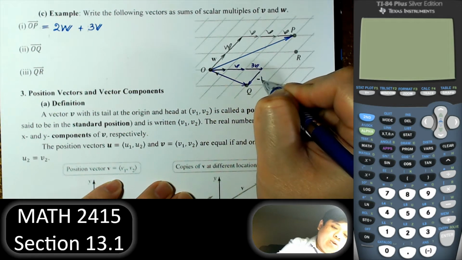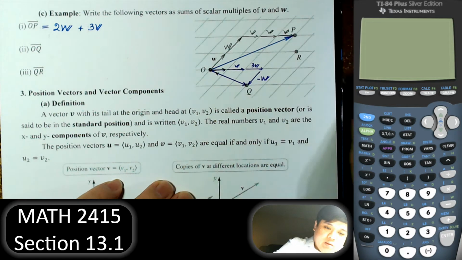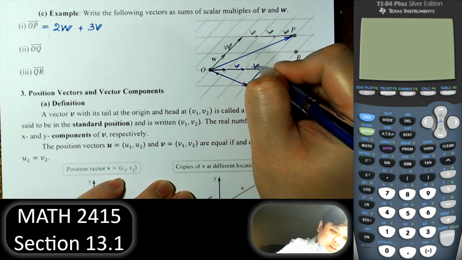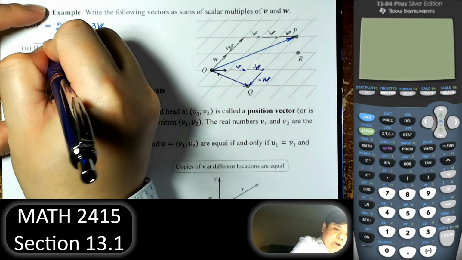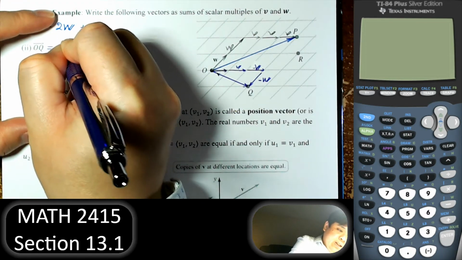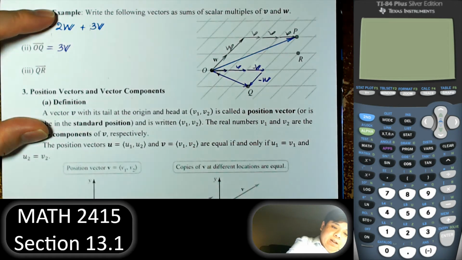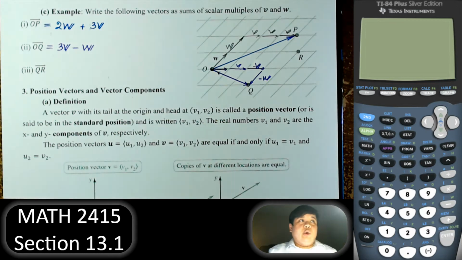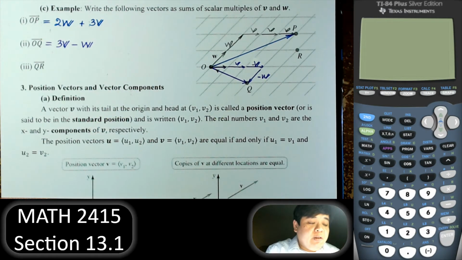This is opposite to w. So OQ is 3v and then minus w. Notice the notation I use for the vector, the boldface.